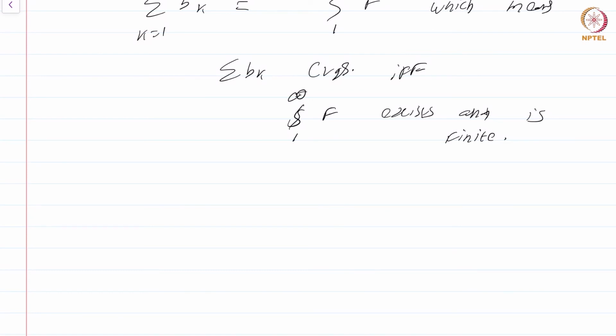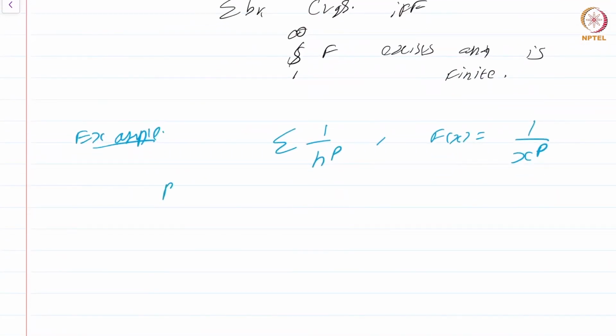Now, using the integral test, we can easily show that summation 1 by n power p does converge if p is greater than 1. Let's see how this is done. So example, consider summation 1 by n power p. Now choose f(x) equal to 1 by x power p. Okay, and let's first take p greater than 1 and see what happens.